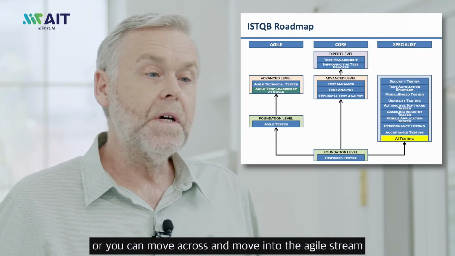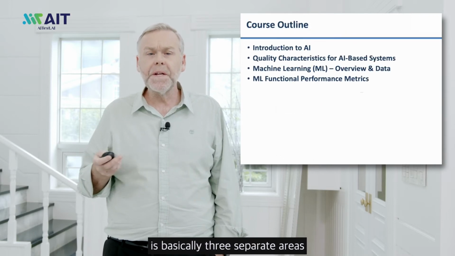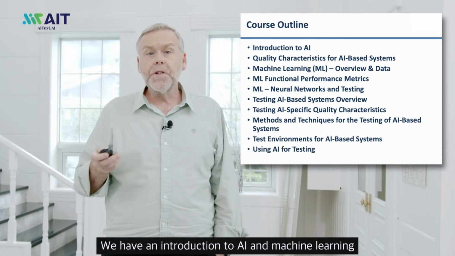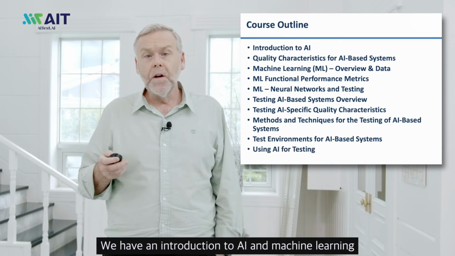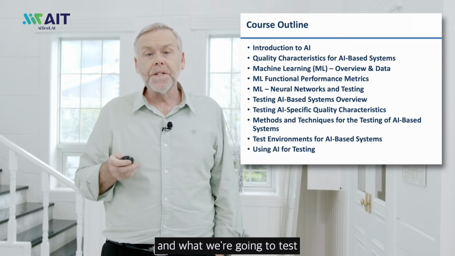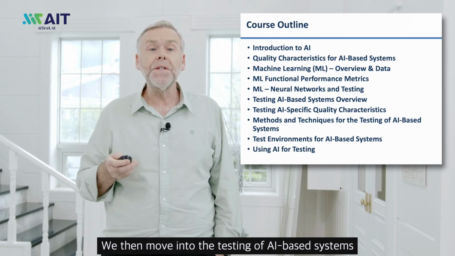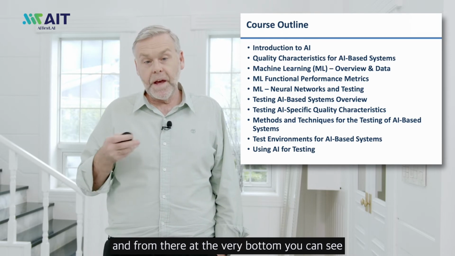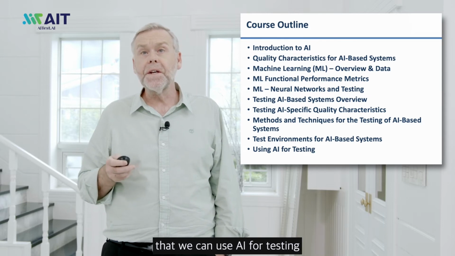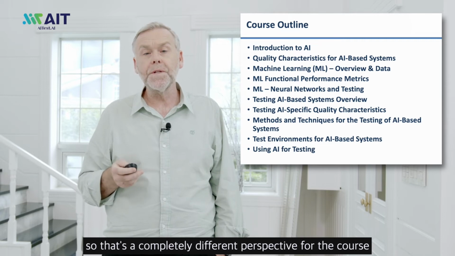This is an outline of the course. The course is basically 3 separate areas. We have an introduction to AI and machine learning so that we understand the basics and what we're going to test. We then move into the testing of AI-based systems, and from there at the very bottom you can see that we can use AI for testing, so that's a completely different perspective for the course.